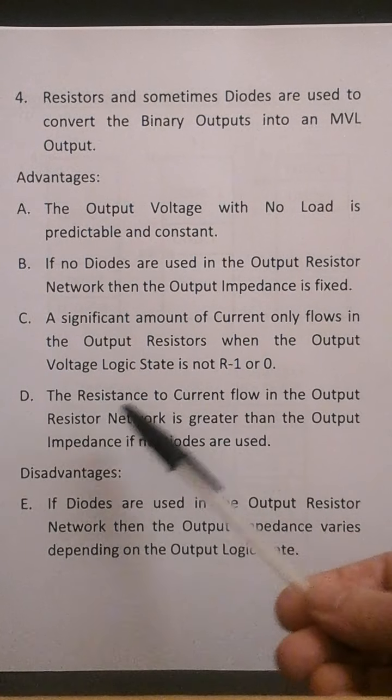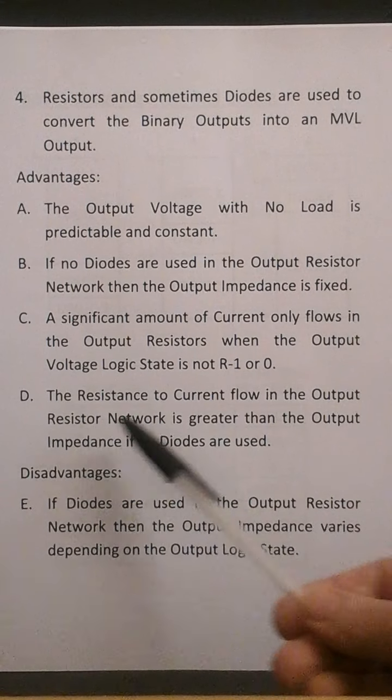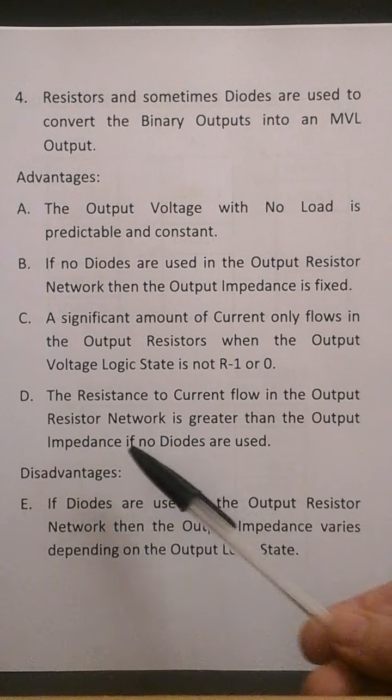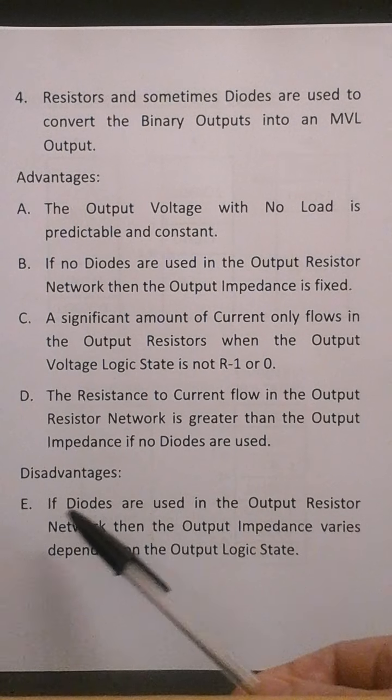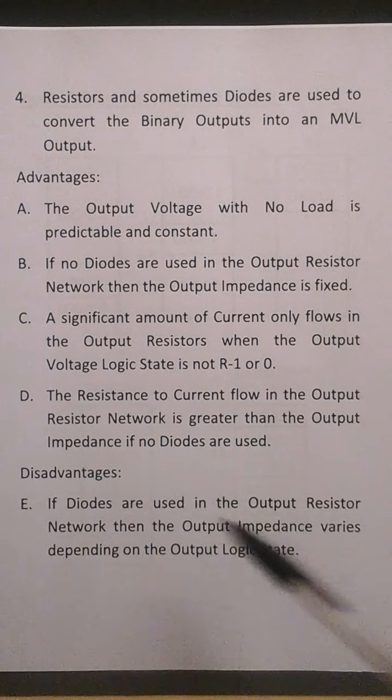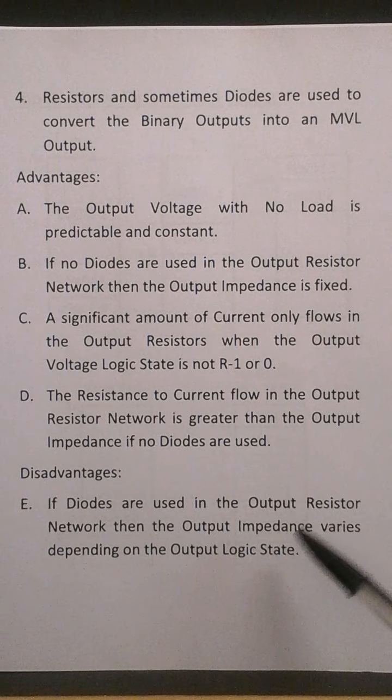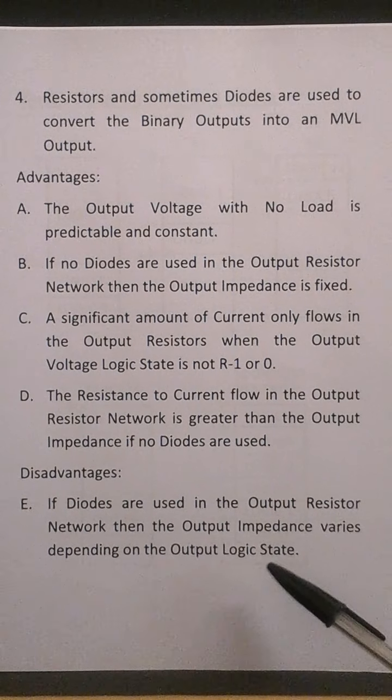And D, the resistance to current flow on the output resistor network is greater than the output impedance if no diodes are used. Disadvantages: if diodes are used on the output resistor network, then the output impedance varies depending on the output logic state.